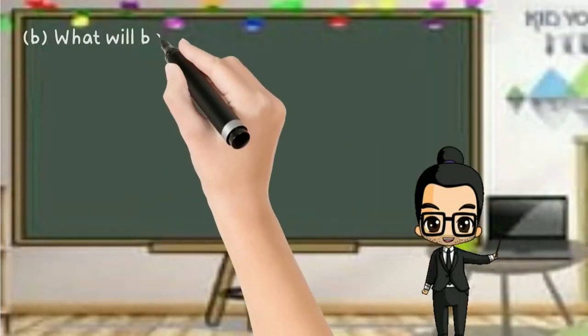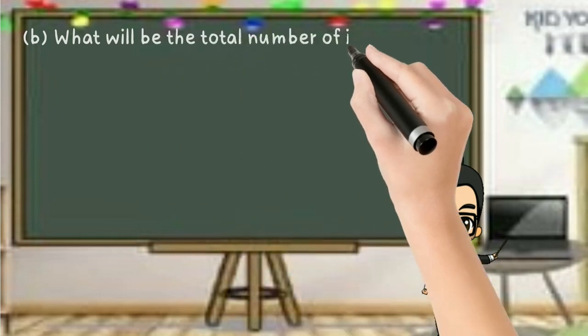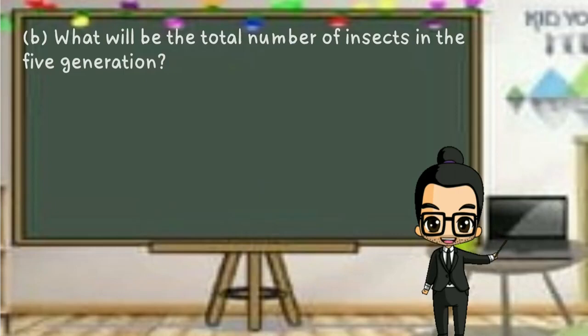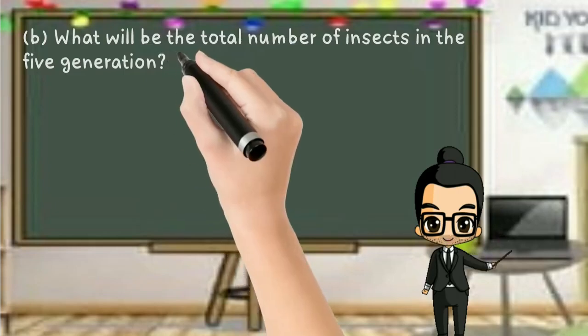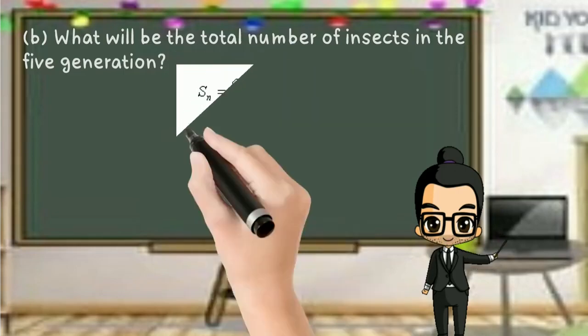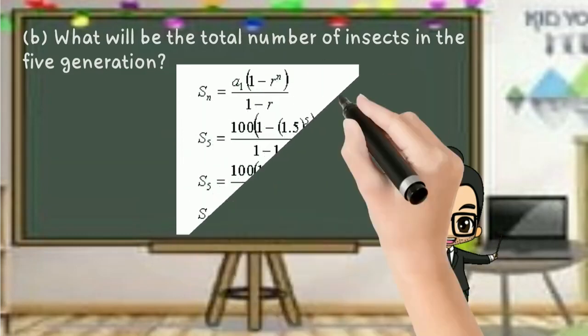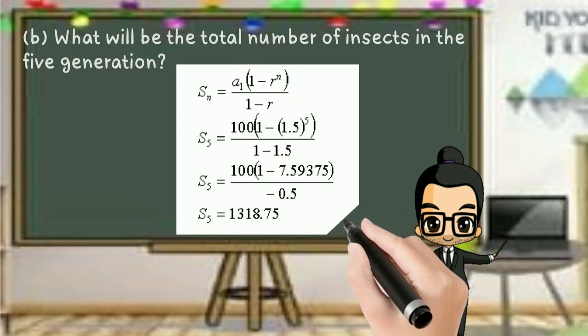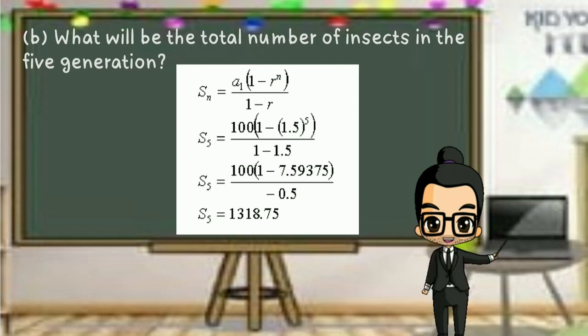For B, what will be the total number of insects in the 5th generation? So we find the answer by using the formula for the sum of the first n terms of a geometric sequence, which is Sn equals a1 times (1 minus r to the power of n) over (1 minus r).